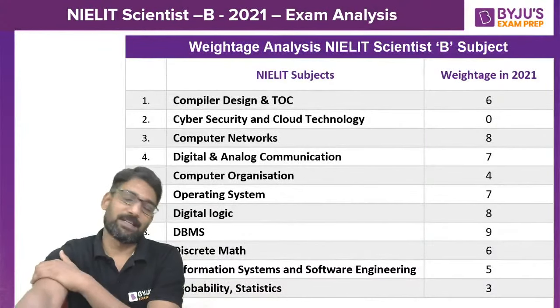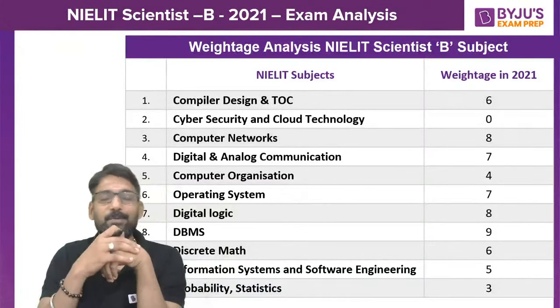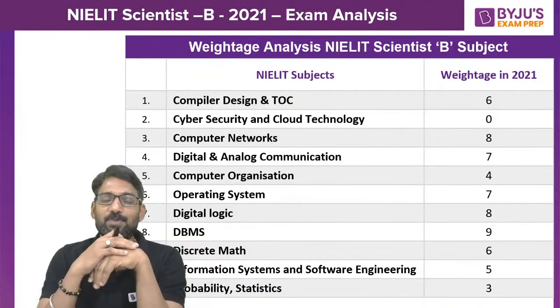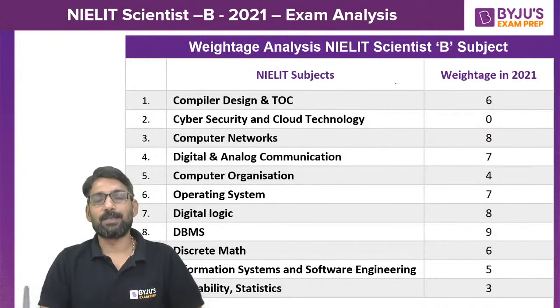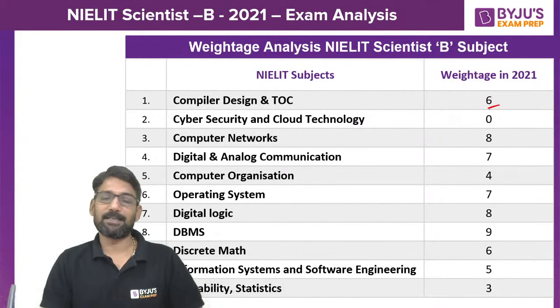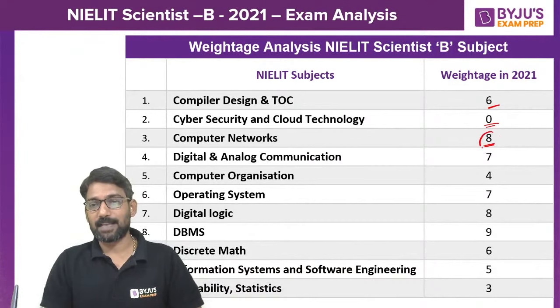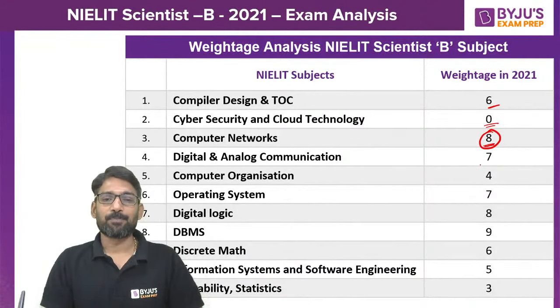what the weightage is. I am revealing the weightage we got from each subject. As per our observation, you got 6 marks from compiler design and theory of computation, and from cyber security or cloud, none. From computer networks, 8 questions. And from digital and analog communication, 7.